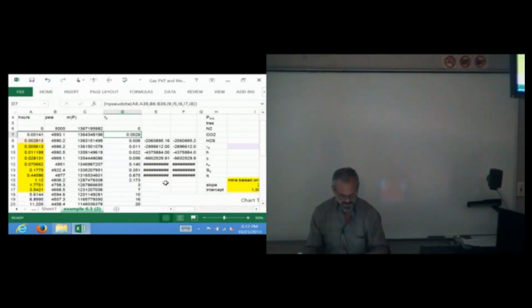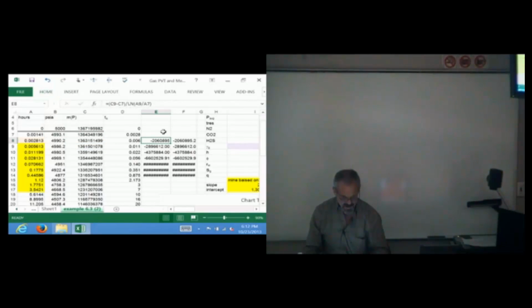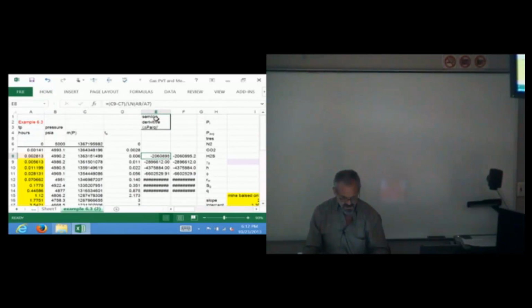All right. What is this column? That's my derivative. I like that hurdle derivative I've been doing. For some reason, oh yeah, semi-log derivative, it's labeled. Why is it negative?